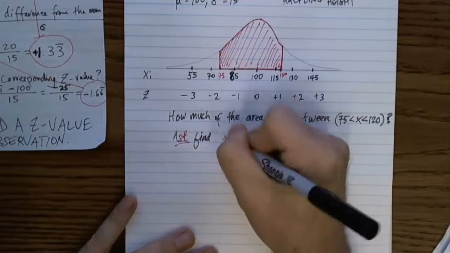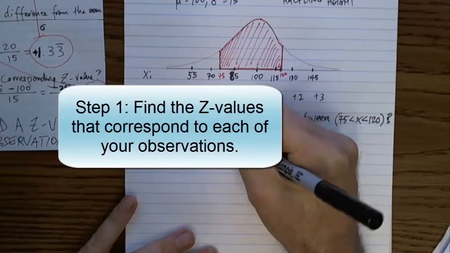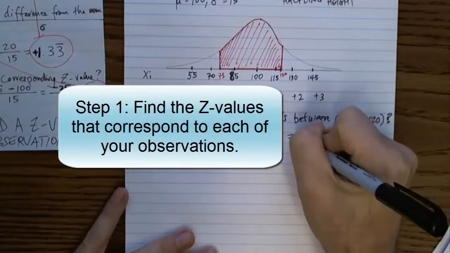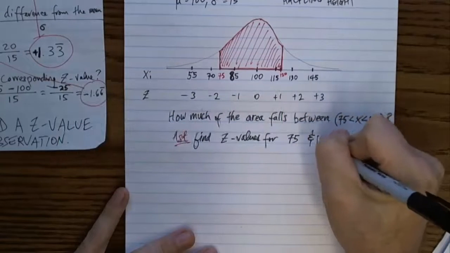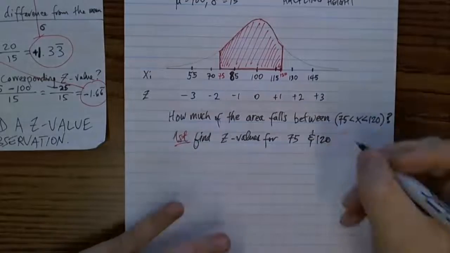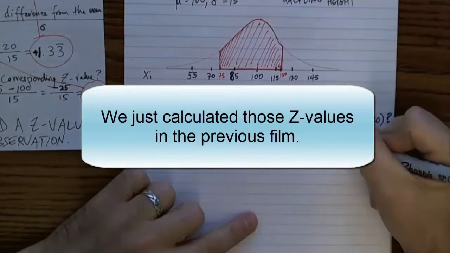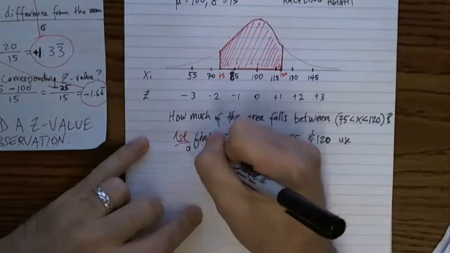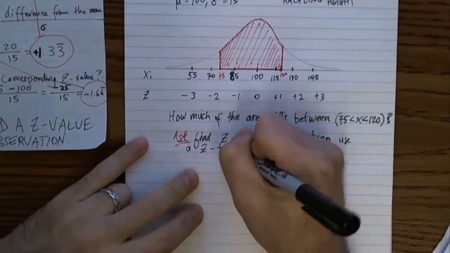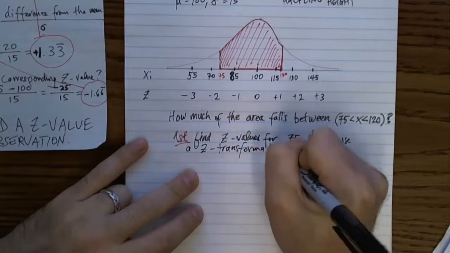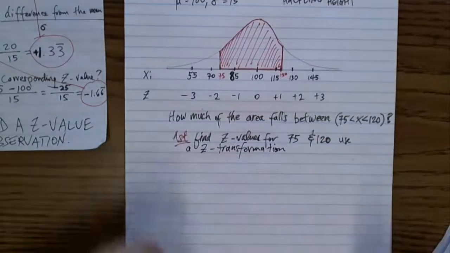We just did that, but to do that, you would use a z transformation. So you would convert your raw observations into z-values.